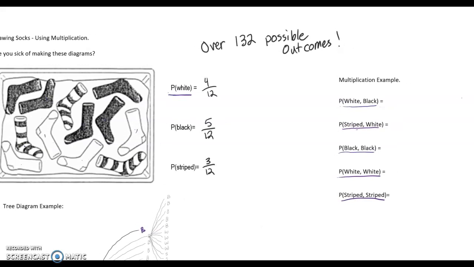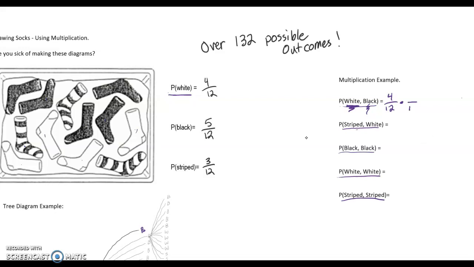So I'm going to take the probability of choosing a white sock first, which is 4/12, and I'm going to multiply that by the probability of choosing a black sock. But hang on. If we choose a white sock, there's no longer 12 total socks.